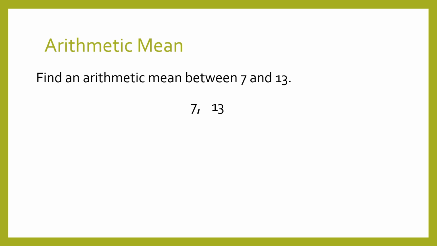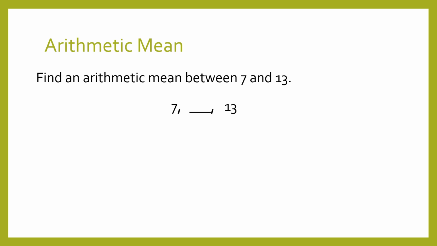If you say 1, then you are correct because arithmetic mean is a singular form. So there is only one arithmetic mean that you have to insert between 7 and 13. So let us have first the given.